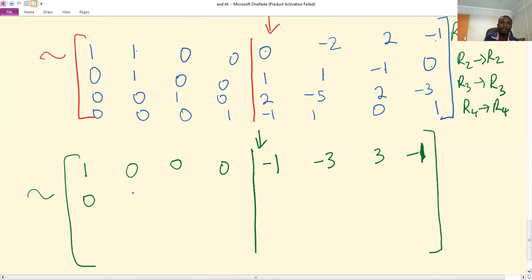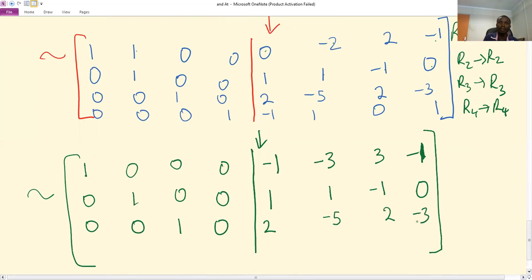This is 0, 1, 0, 0, 1, 1, minus 1, 0, 0, 0, 1, 0, 2, minus 5, 2, minus 3, 0, 0, 0, 1, minus 1, 1, 0, 1. So that's what we have.